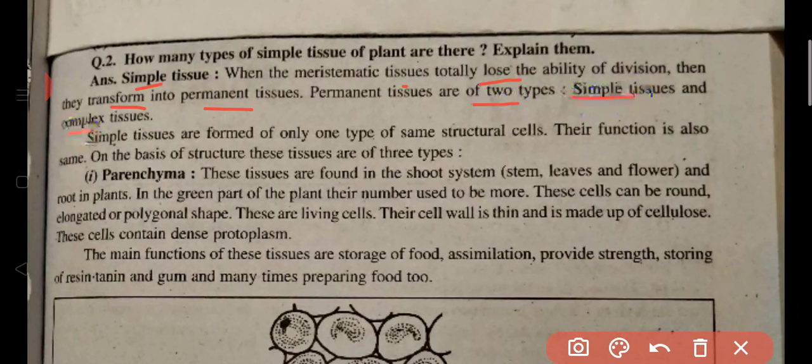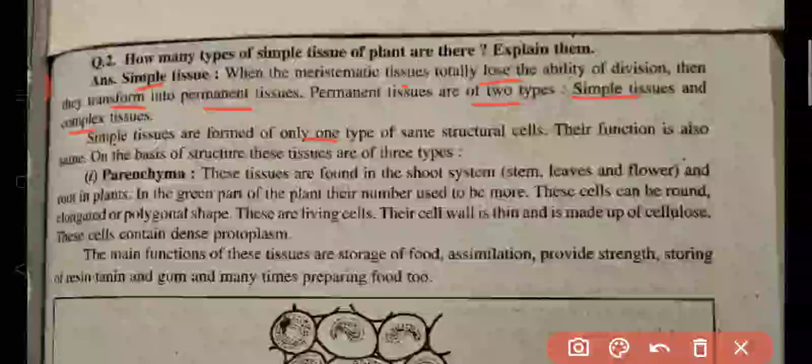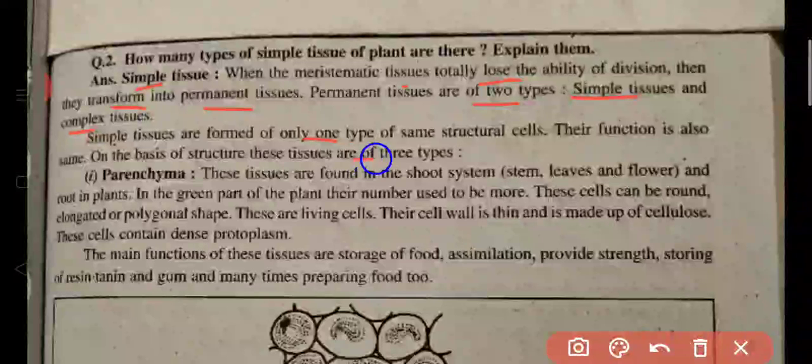Simple permanent tissues are formed of only one type of same structure cells. Their function is also same on the basis of structure. These tissues are of three types.